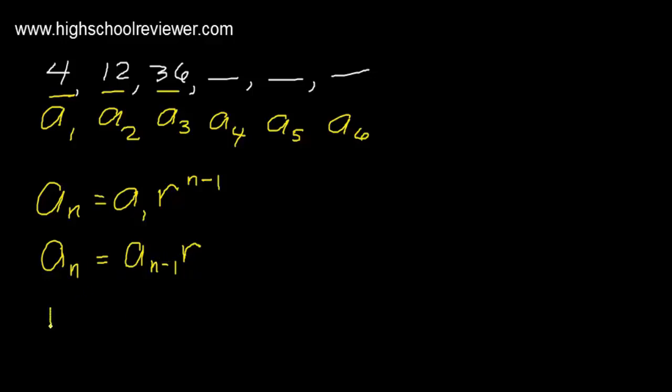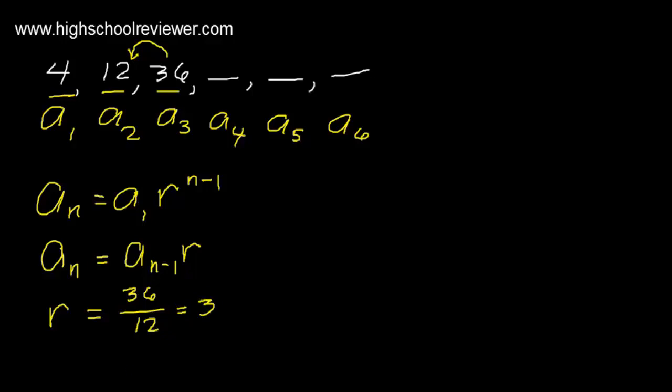R here is the common ratio. Since it is the common ratio, this can be found by dividing two consecutive terms. So for example, we have here positive 36 and positive 12. To find r, we will just divide 36 and 12. So 36 divided by 12 is equal to positive 3.